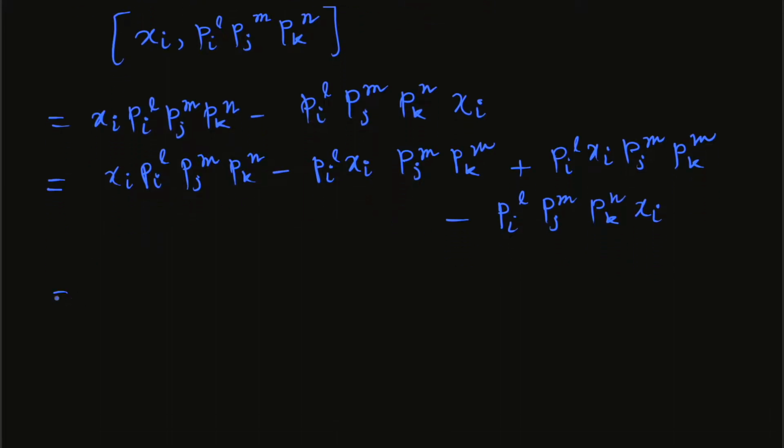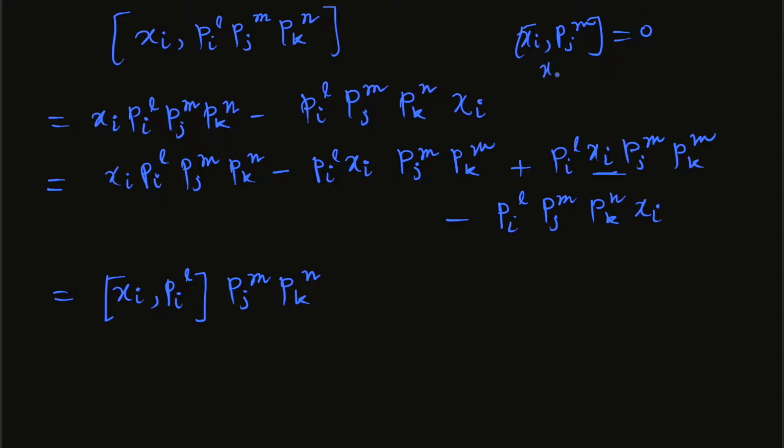Now the first two terms we can write as [x_i, p_i^l] times p_j^m p_k^n. And since x_i commutes with p_j, these being two different elements, [x_i, p_j^m] is 0, and [x_i, p_k^n] will also be 0.